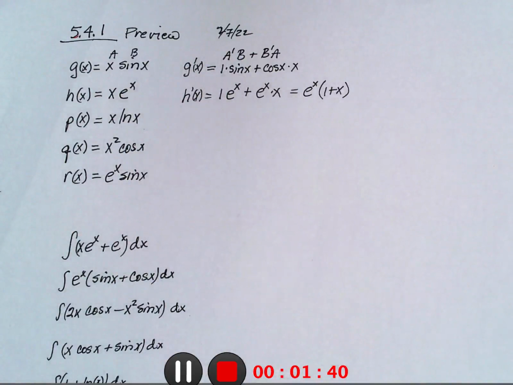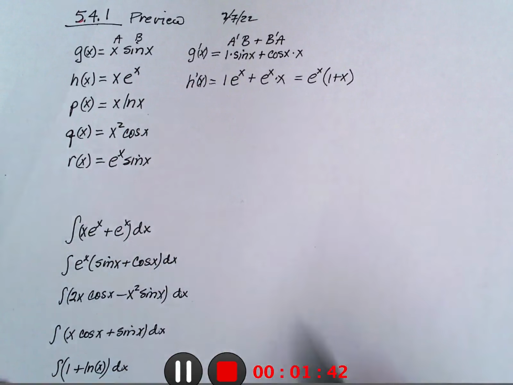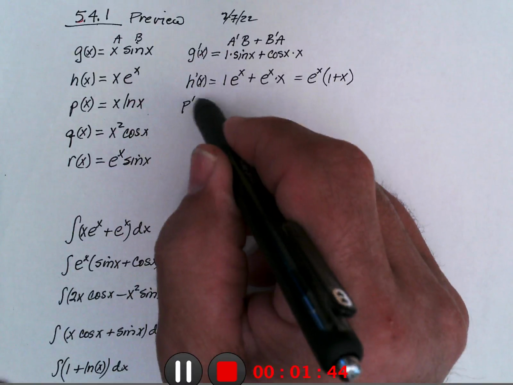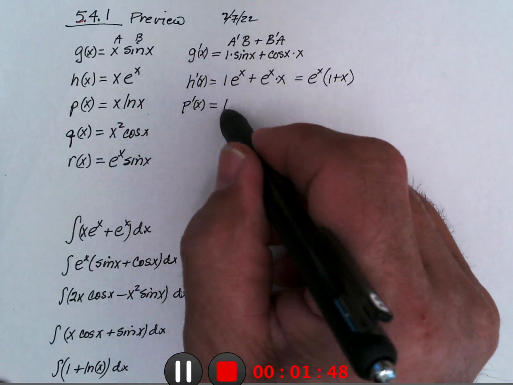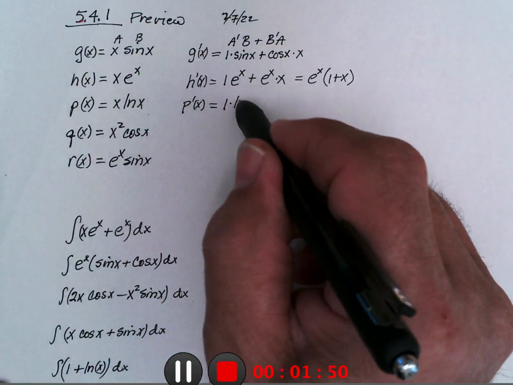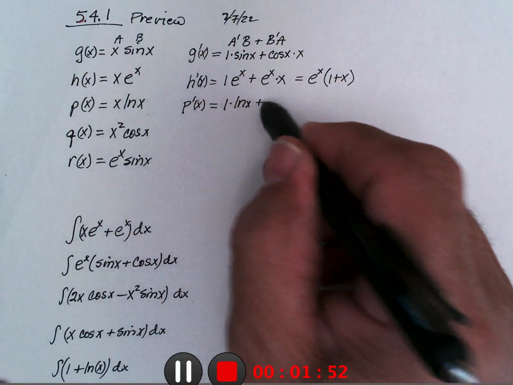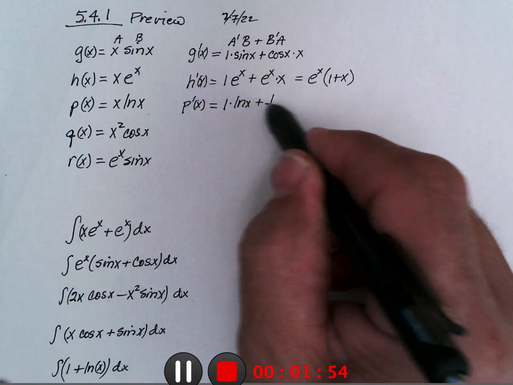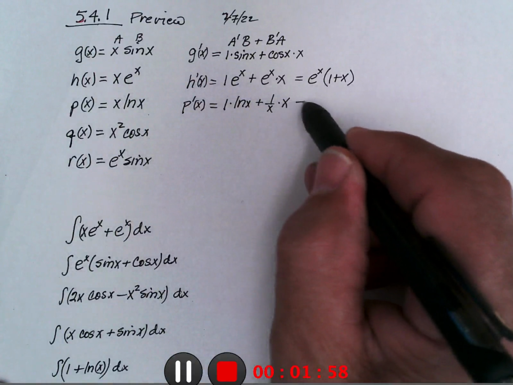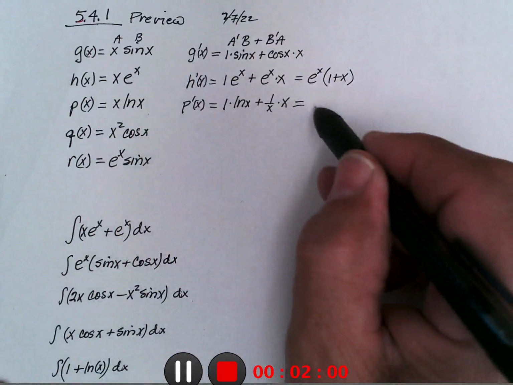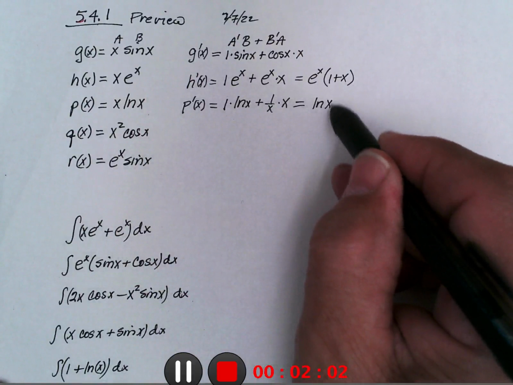And then p prime. So the derivative of x is 1 times ln x plus the derivative of ln x is 1 over x times the first. And this is 1, so it's just ln x plus 1.